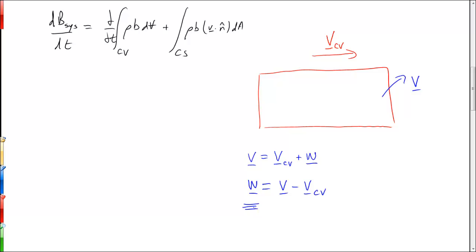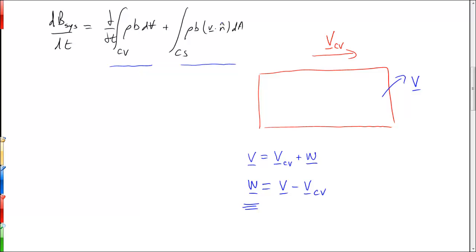I think it's pretty clear that when we realize that the Reynolds transport theorem is basically a relationship between what's going on inside the control volume and how fast whatever property we're looking for is coming across the control surface, only the relative velocity across that control surface is really going to matter.